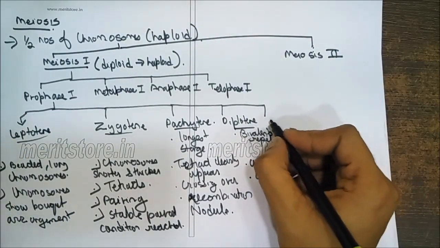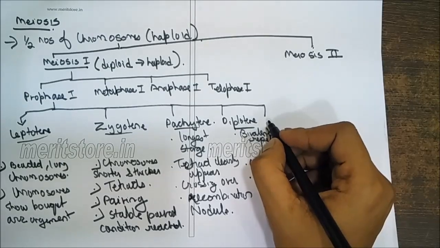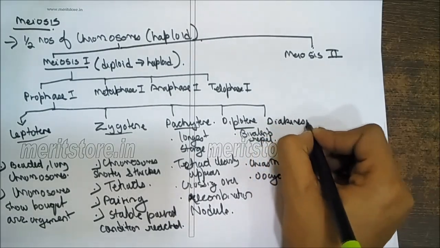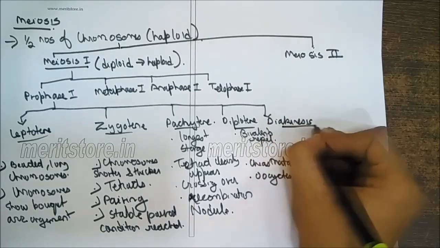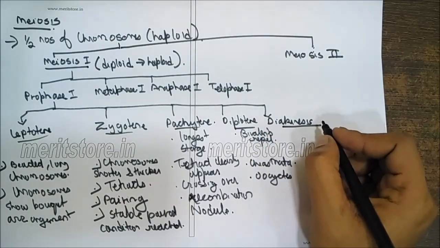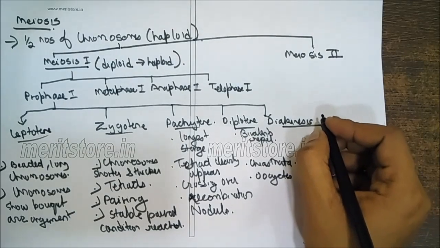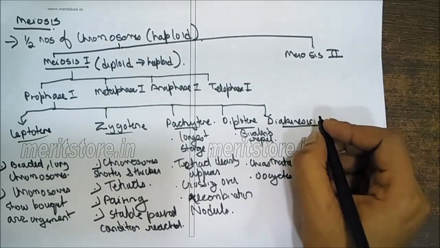And then the last phase of prophase 1 is diakinesis. Here terminalization occurs. The terminal chiasma slips off the ends of the chromosome and its position is taken by an interstitial chiasma.